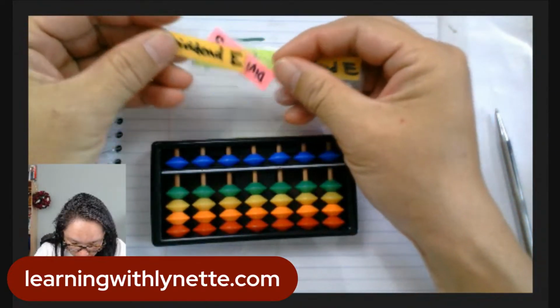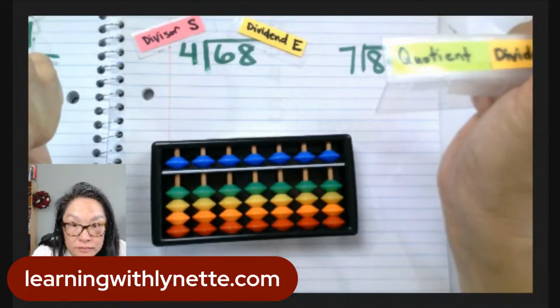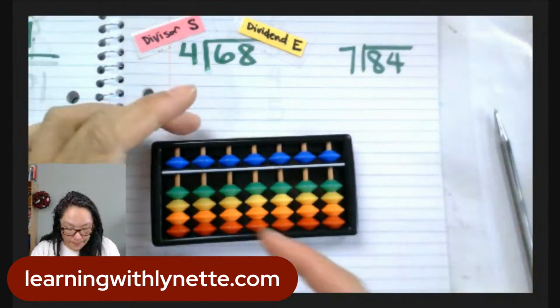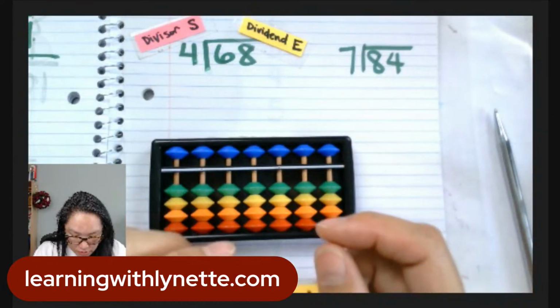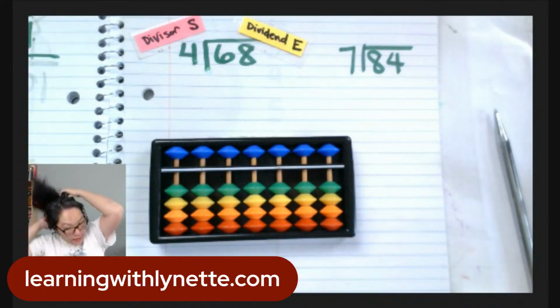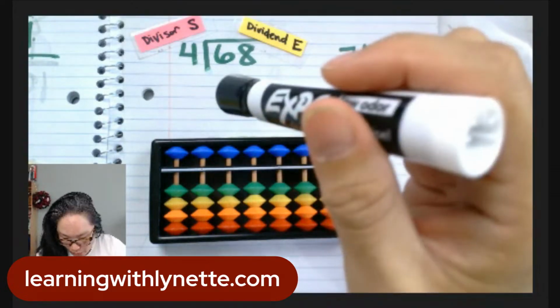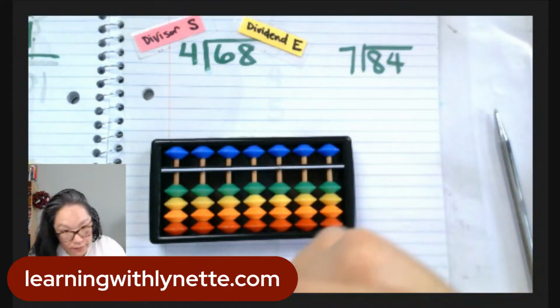We need to remember our dividend and our divisor, right? The reason why is because we need to know where to put our number. We have to count just like we did for multiplication.